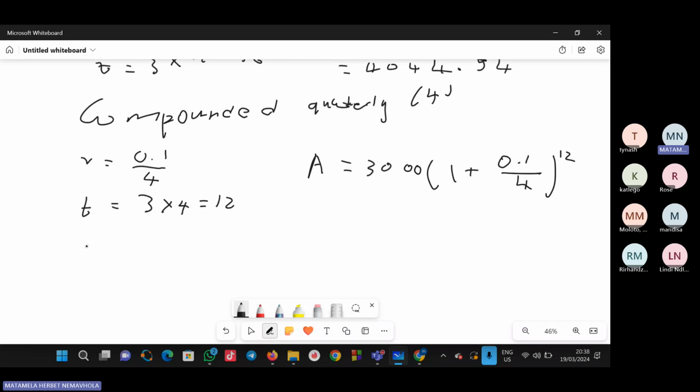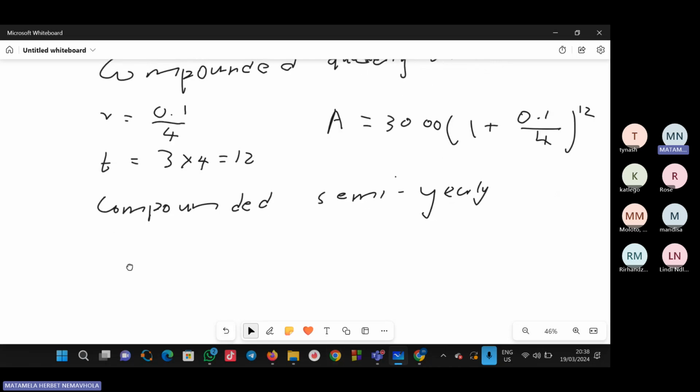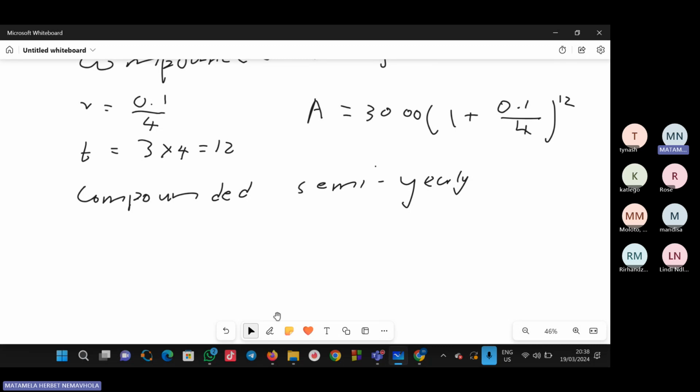A question can again say compounded semi-annually, semi-yearly, not annually, semi-yearly. I'm telling you about the synonyms. They can say compounded semi-yearly.